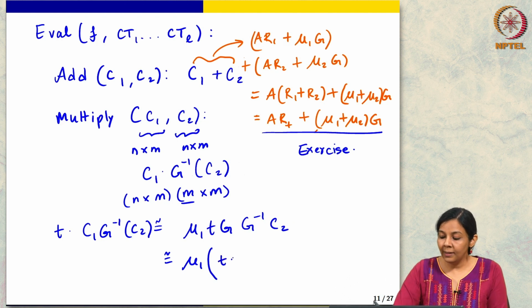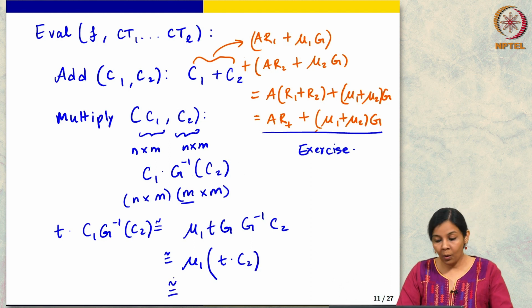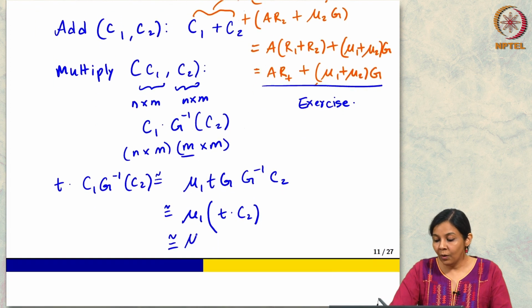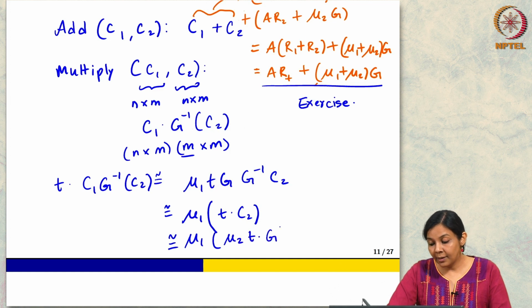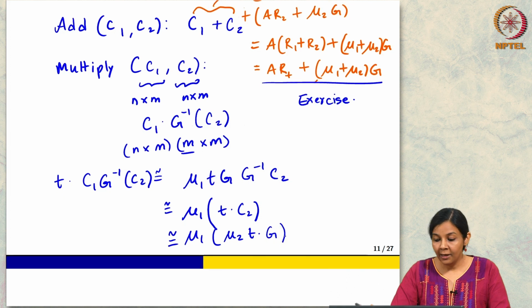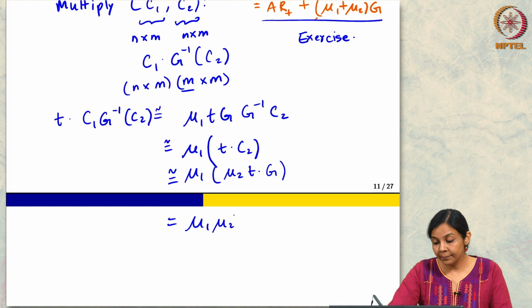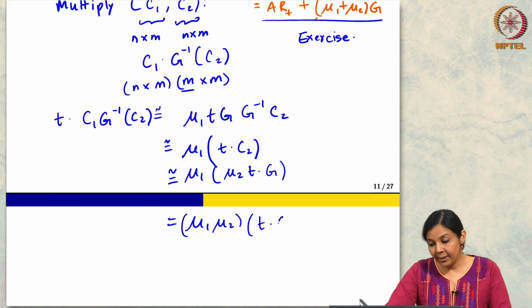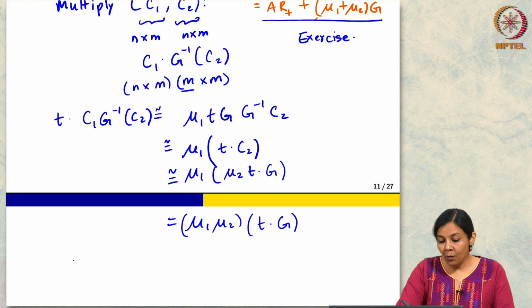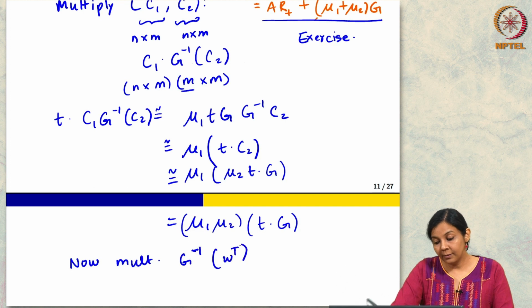So, mu 1 T C2, and now what is T times C2? Again this is going to be mu 2 TG. So, what did I get? I got mu 1 times mu 2 times TG, and now I multiply that with G inverse W transpose.